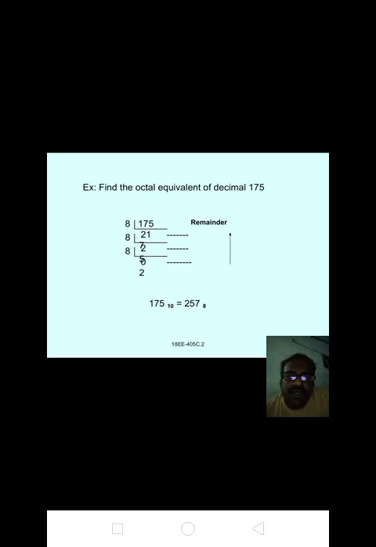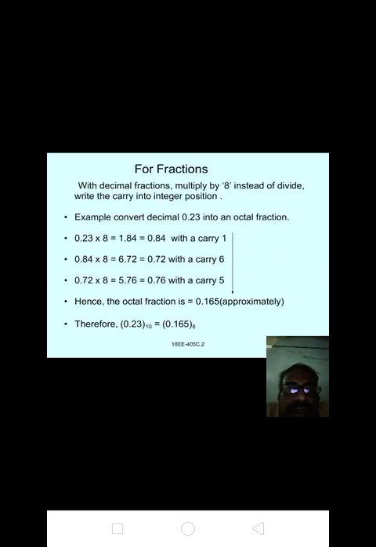Quotient is 2, and 8 0, we get the remainder 2. So the octal equivalent of 175 base 10 is 257 base 8.